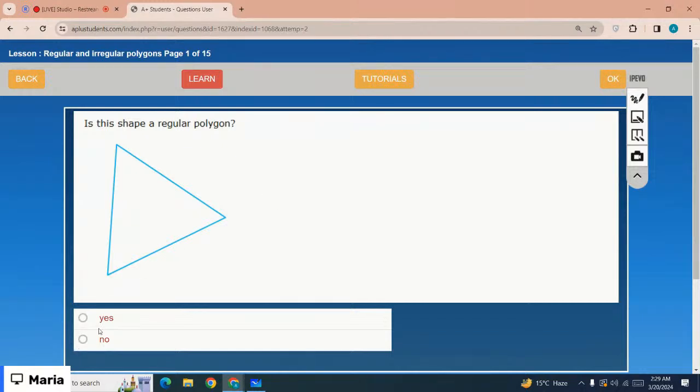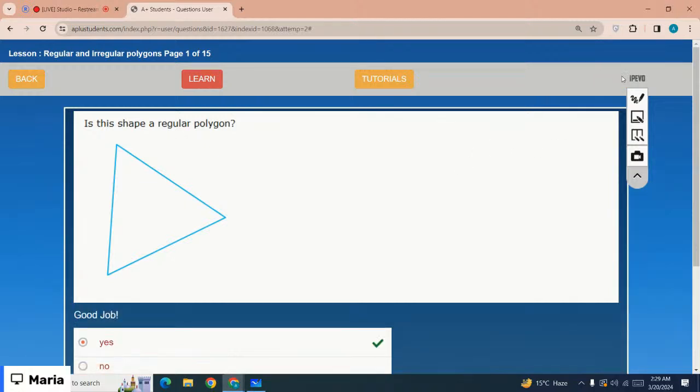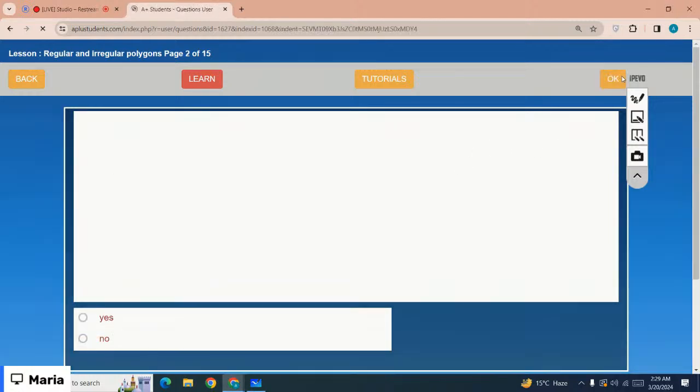The correct option is yes, that is a regular polygon because all three side lengths are equal in measurement. So that is a regular polygon, right?